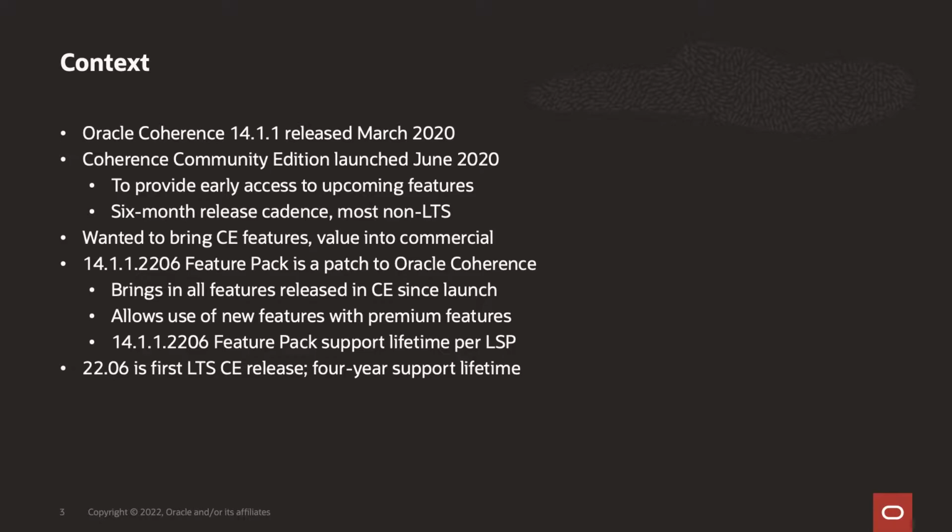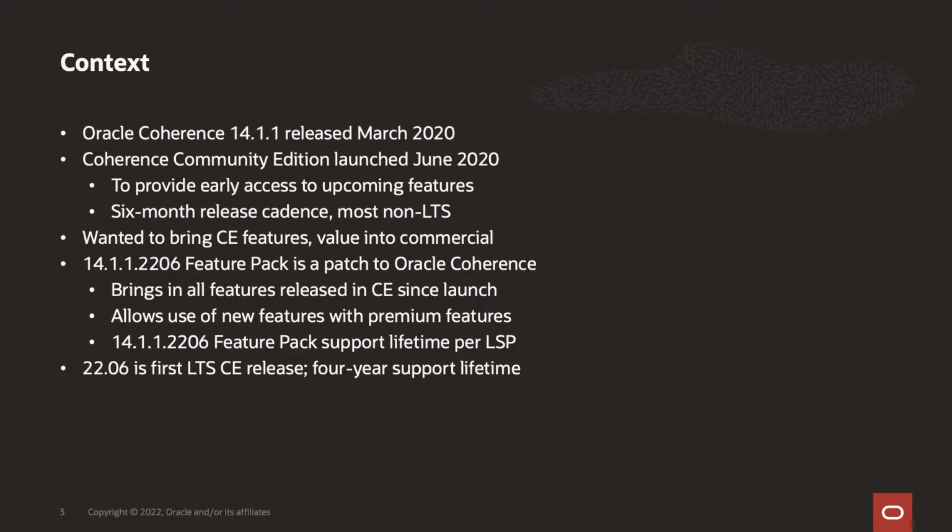And in Oracle Coherence Enterprise Edition, we have managed coherence servers, the integration with WebLogic. And we also have Coherence Web for managing HTTP session state. So now, with the 14.1.1.2206 feature pack patch, you can use those premium features together with all of the new features that were released in Community Edition over the last 2 years.